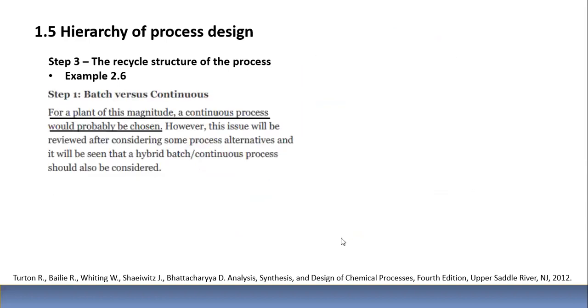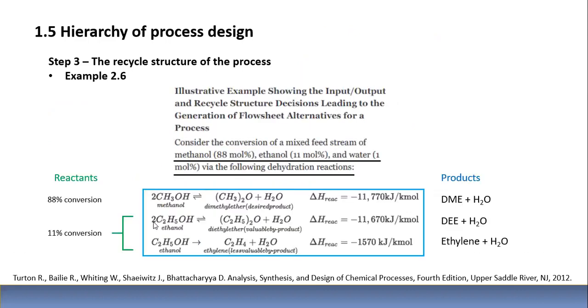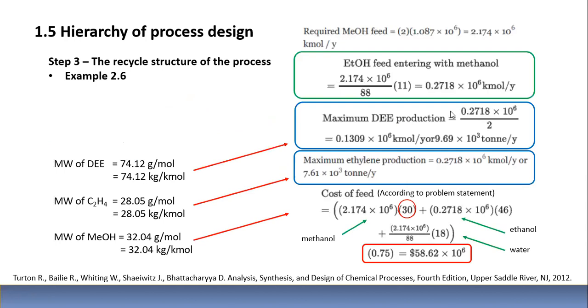Now, we go back to the formula here. There is a 2 to 1 ratio of ethanol to diethyl ether. So if we come back here, the amount of methanol per year was calculated.